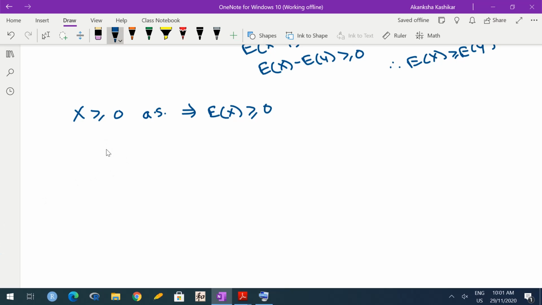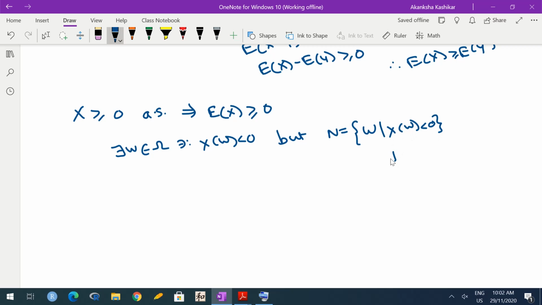Here it means that there may exist some omega in Omega such that X of omega is less than 0, but if you define N as the set of all omegas such that X of omega is less than 0, then probability of N is 0. So these sets are impossible sets. We would make use of this fact.